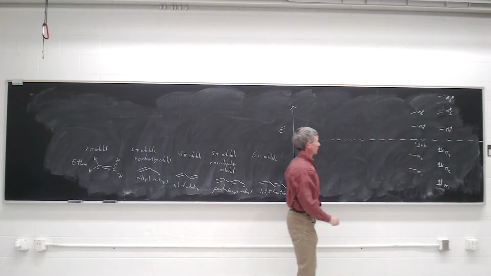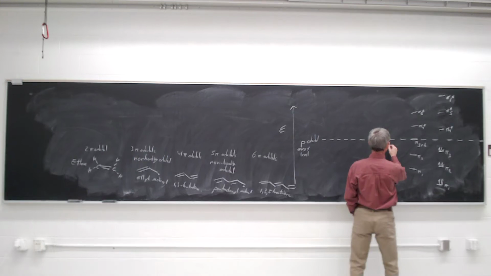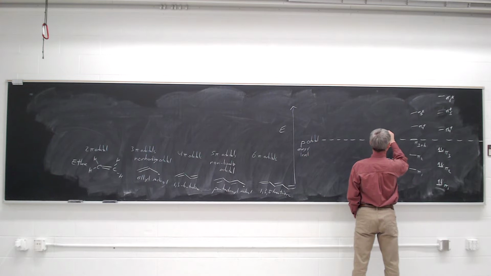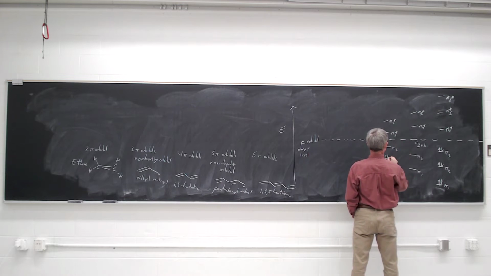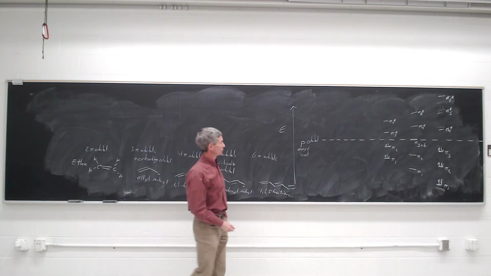I'm probably exaggerating a little bit. That's intentional. So there's the butadiene, there's 2 orbitals below and 2 orbitals above.